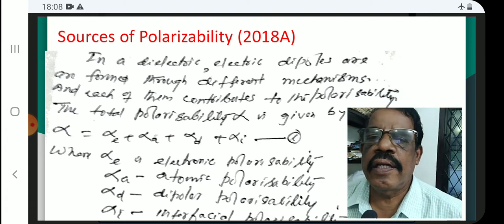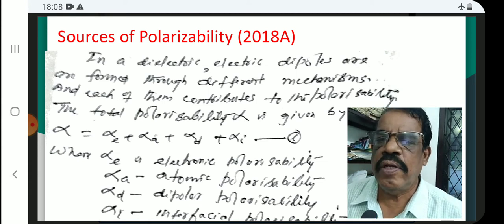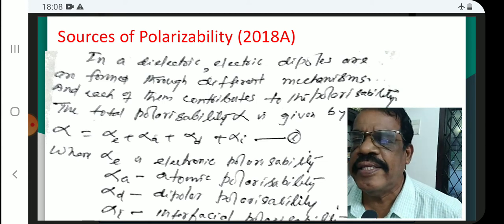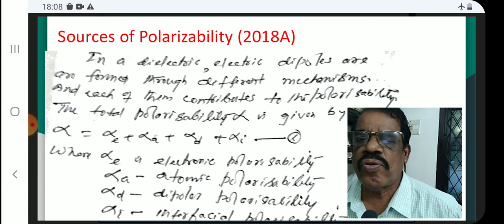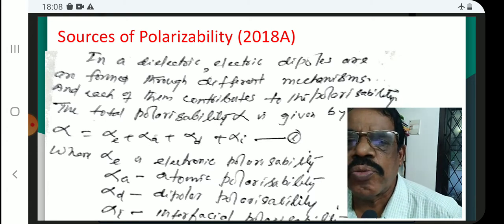In a dielectric, electric dipoles are formed through different mechanisms, and each of them contributes to polarizability.